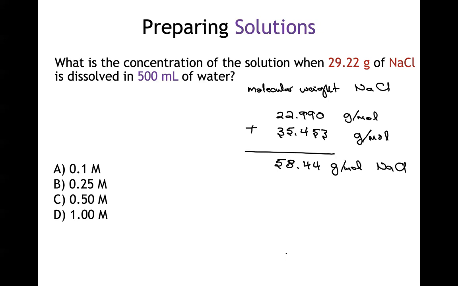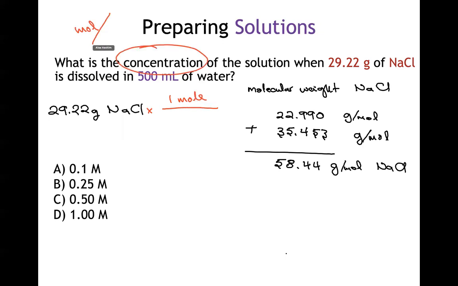Okay, so let's try. We have 29.22 grams of sodium chloride. And we know that for every mole, we have 58.44 grams. Notice our final unit of concentration is moles per liter, right?